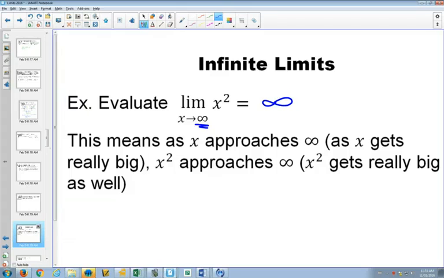What your textbook is going to write in these cases, since it's not actually a number, is does not exist. We're going to be a little bit more specific than our textbook, because we want to tell if it goes to infinity or to negative infinity, whether it gets to a really big positive number or a really big negative number.